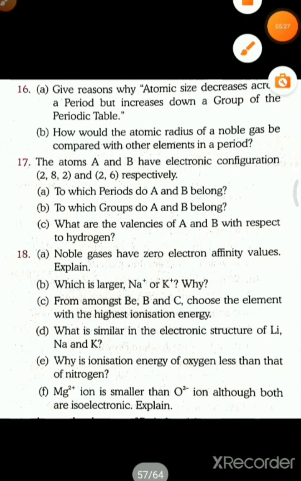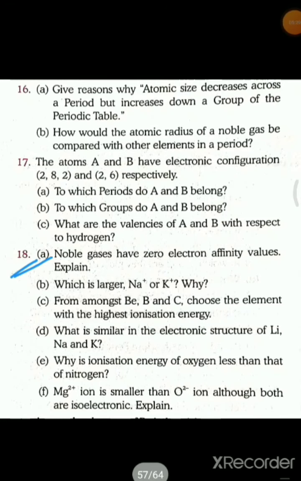Then your next number, that is 18. Noble gases have 0 electron affinity values. Explain. Listen to the answer. Noble gases have 0 electron affinity values because they have a stable electronic configuration.